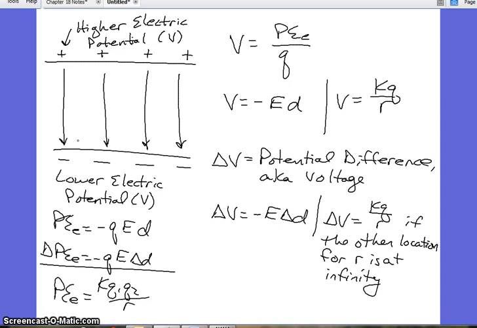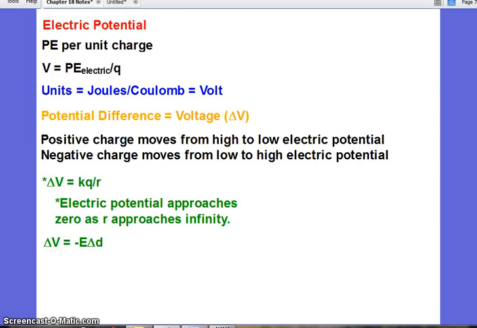But if we do put a charge within these two plates, a negative charge moves towards the positive or higher electric potential, and a positive charge will move towards the negative plate or the lower electric potential. So electric potential is the potential energy per unit charge.